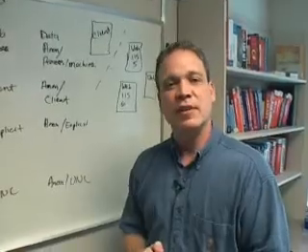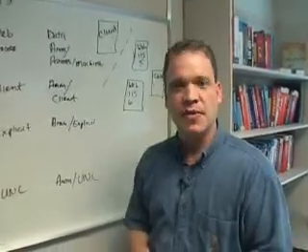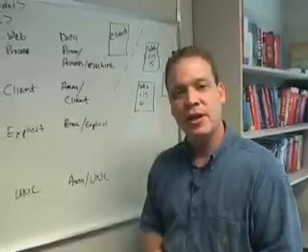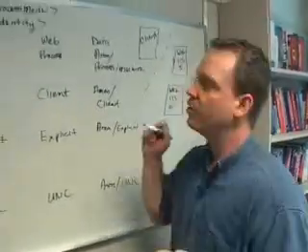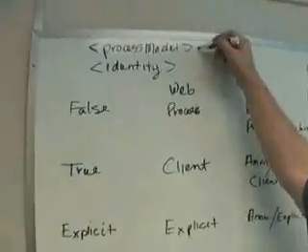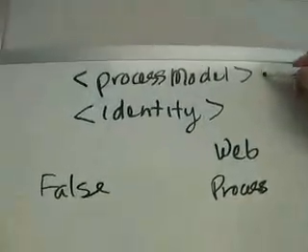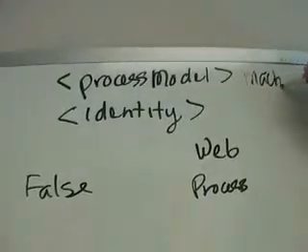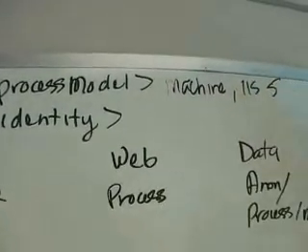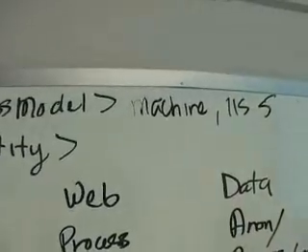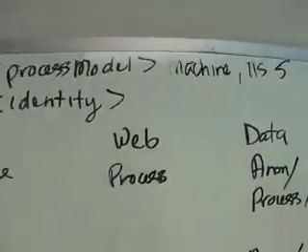Let's take a look at some of the configuration options for ASP.NET that govern the identity of the thread and the process, and we'll talk about how they play out in different scenarios. The two configuration sections that I want to point out are the process model section. This exists at machine scope and is really only used on IIS 5. On IIS 6, you control the identity of the process itself using the INET Manager and the IIS Metabase.